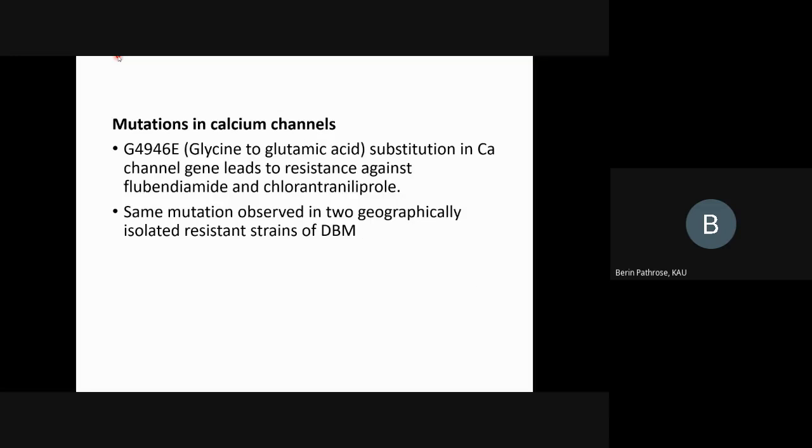Okay. Next one is mutations to calcium channels. What can be the insecticide to which insects have evolved resistance if they got mutations in calcium channel? What group of insecticide? Which are the insecticides acting on calcium channels?